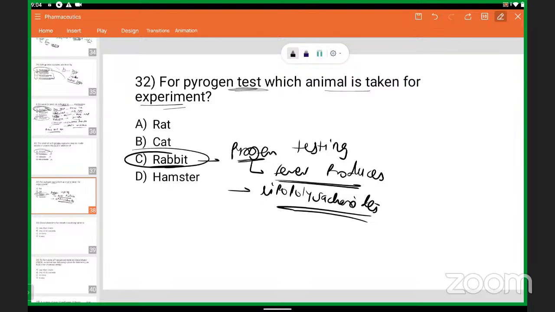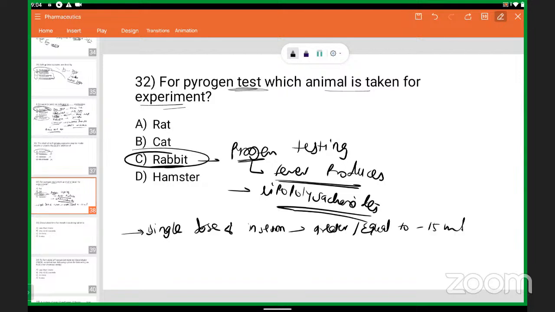Now, how do we perform this testing and what all do we need to do in it? Some of the facts with respect to this pyrogen testing I'm enlisting: whenever we are taking a single dose of injection, it should be greater than or equal to 15 ml. The animal we are using, as we discussed, is a rabbit.